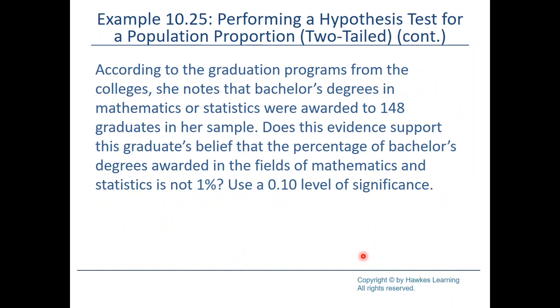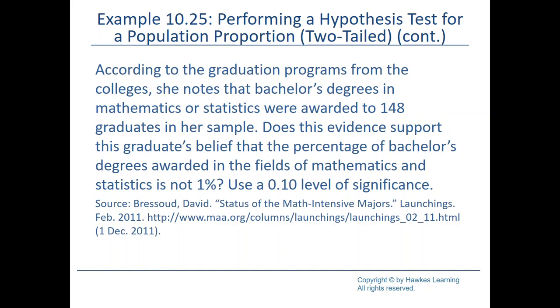Does this evidence support this graduate's belief that the percentage of bachelor degrees awarded in math and statistics is not 1%? And we're going to use a 10% level of significance, or 0.1 level of significance. Now, this data is actually coming from the status of math intensive majors. So just so you know, these are actual true sources.